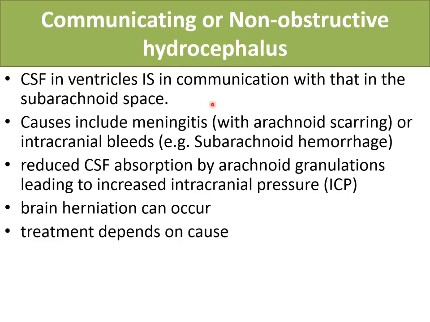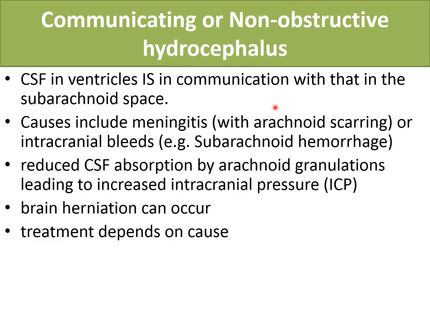CSF in the ventricles is in communication normally with the cerebrospinal subarachnoid space. There are infections that produce meningitis, some arachnoid scarring, and even intracranial bleeds that can block the egress from the arachnoid into the superior sagittal sinus.